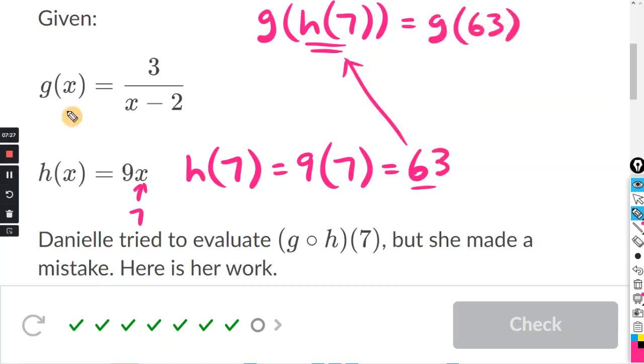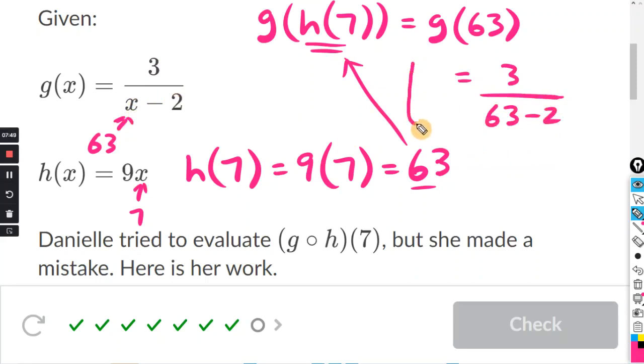We go to the g function now, and we're plugging in 63 in place of x. So g of 63 is going to be 3 over x minus 2, so that's 63 minus 2. And 63 minus 2 is 61. So that's the final answer.